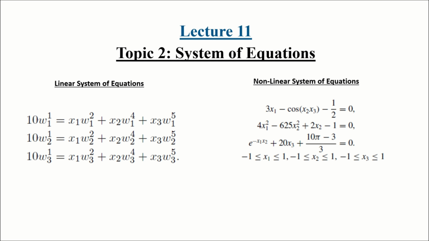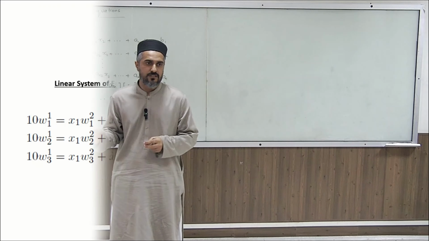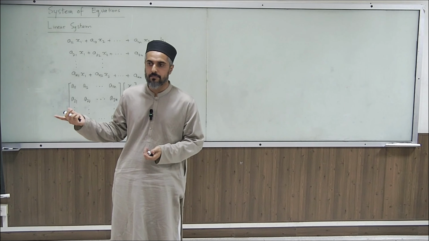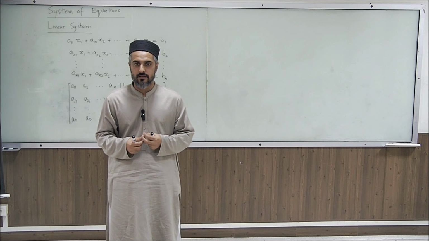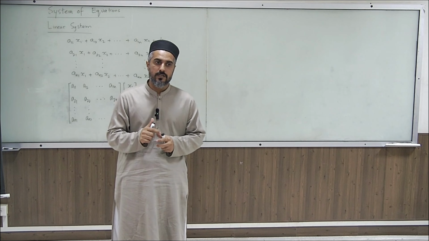We see many other nonlinear terms in equation number 2 and equation number 3, namely x1 square, x2 square, and then e power minus x1 x2. These are all nonlinear. So these are examples of how a linear system and a nonlinear system will look. Now we're moving to the linear systems.